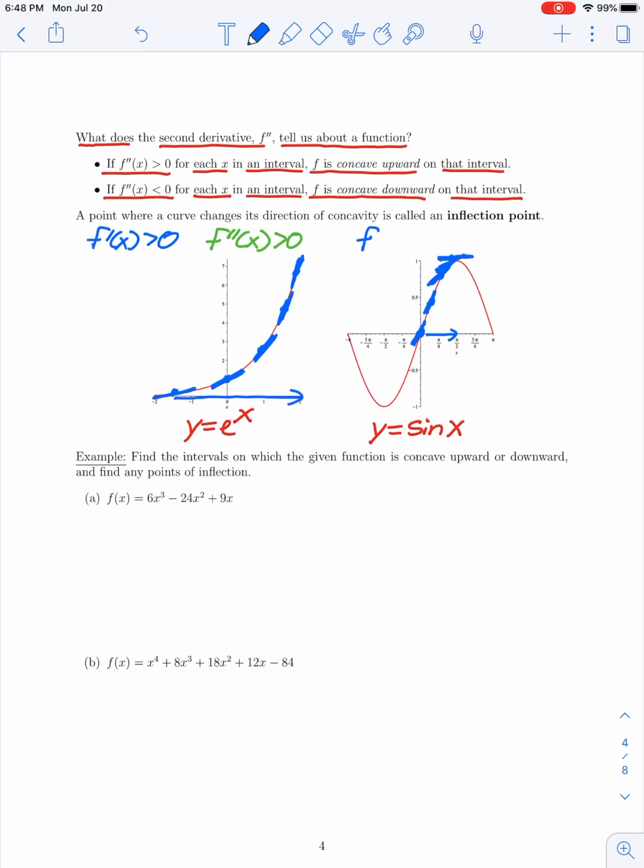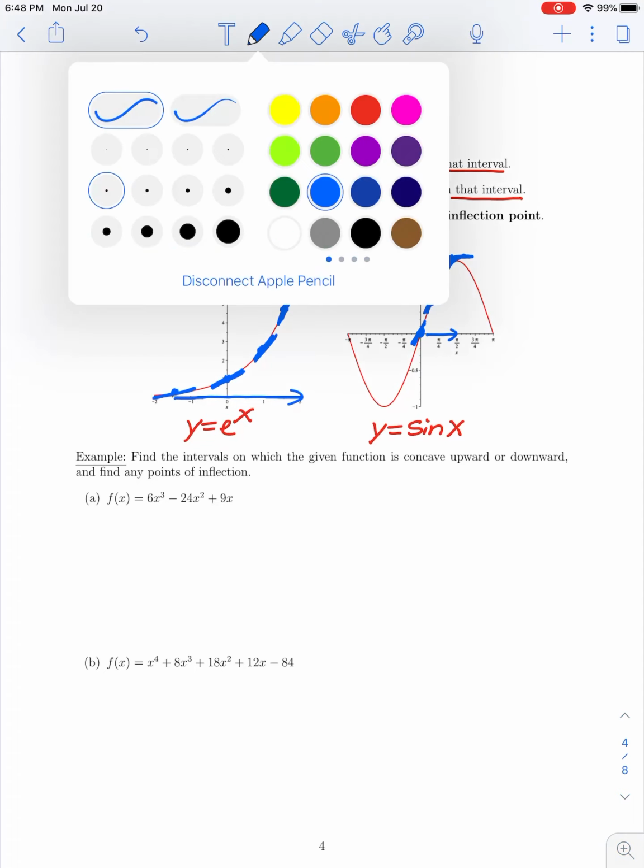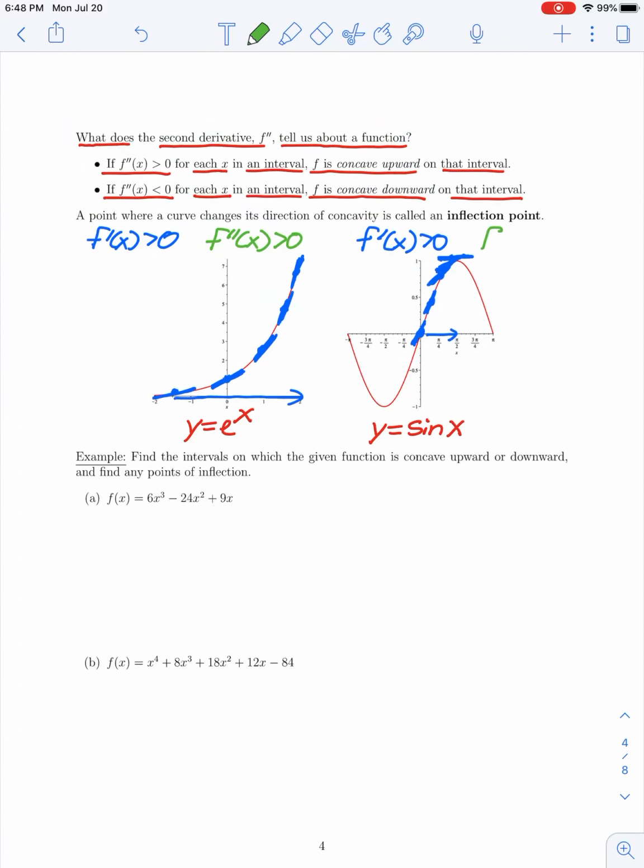So here we have an example where on that interval, our function is increasing. So the first derivative is positive, but since the tangent line's slope is decreasing, that means the second derivative, or the rate of change of that first derivative, is negative. And we would say here that our curve is concave downward.